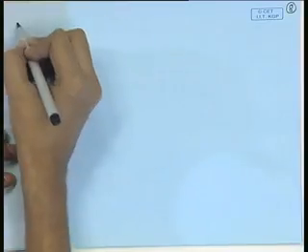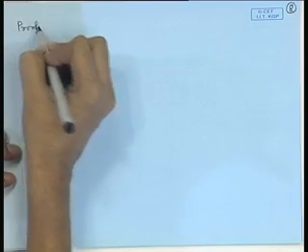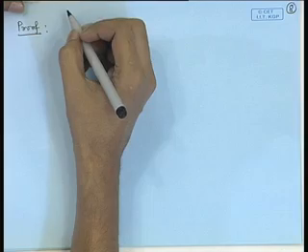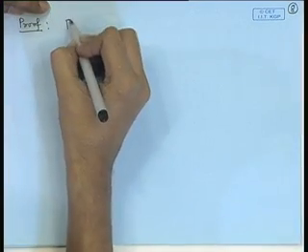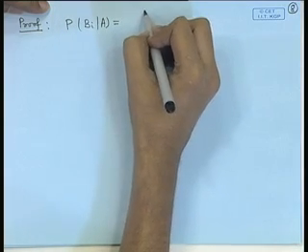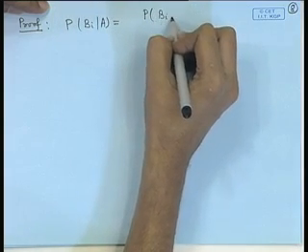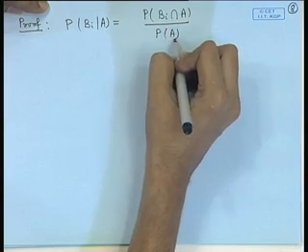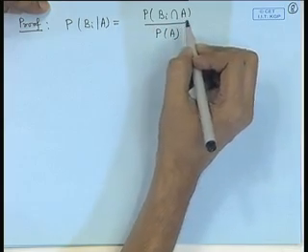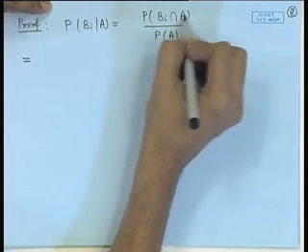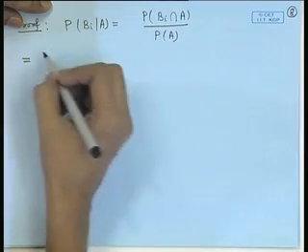Let us look at the proof of this. We will just apply the definition of the conditional probability. Probability of Bi given A is equal to probability of Bi intersection A divided by probability of A, by the definition of the conditional probability. Now, in the numerator we can apply the multiplication rule in the reverse way.